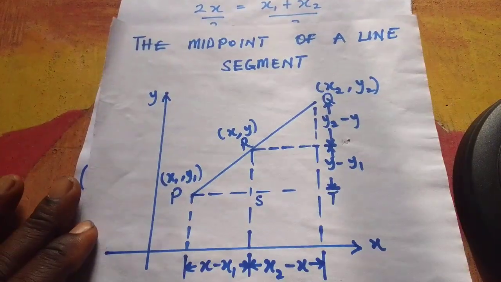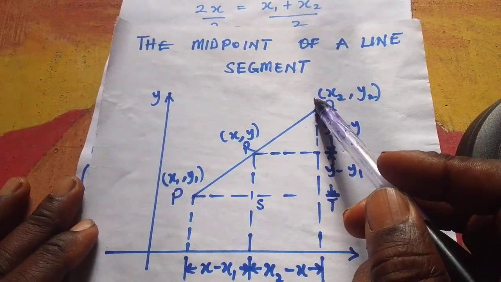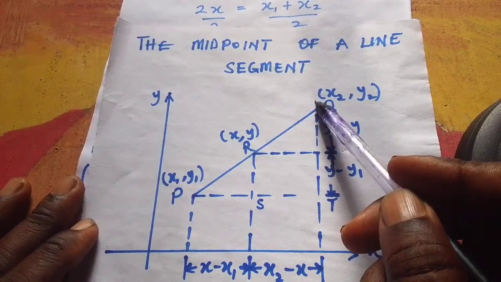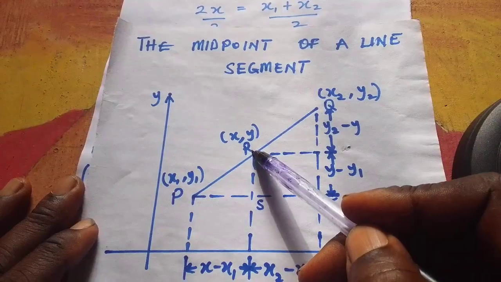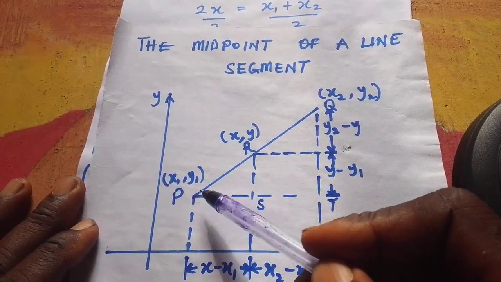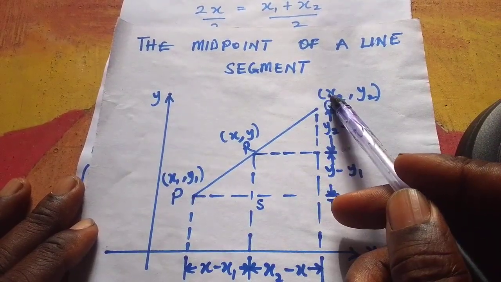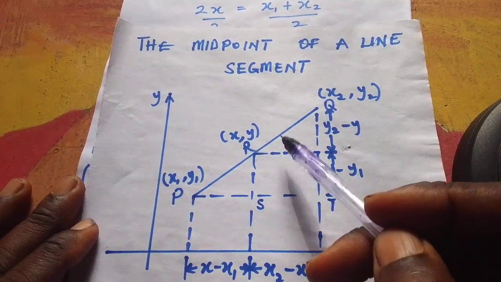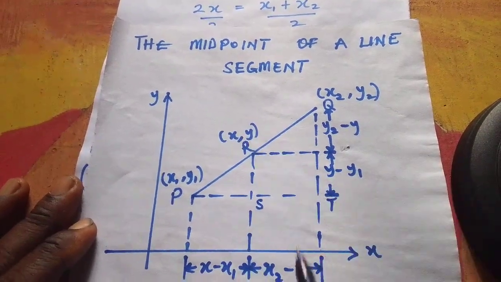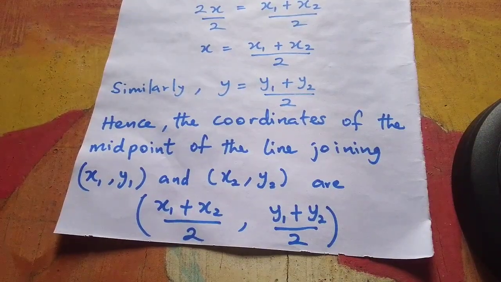So for PQ, to look for the middle point, you are going to see x1 plus x2 divided by 2 and y1 plus y2 divided by 2. It will give us the midpoint here. That is what I'm just trying to establish.